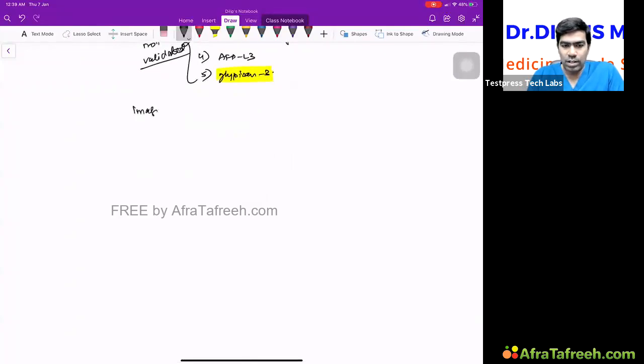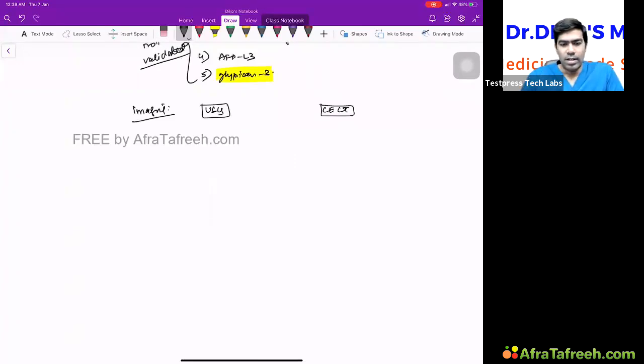So then we know the imaging. There are two basic imaging modalities. One is the ultrasound, and the second one is the CECT, that is triple phase CT. Remember, on ultrasound there are some factors which favor HCC. Number one, irregular borders. Of course, any cancer will have irregular borders. Then the presence of something called the halo sign.